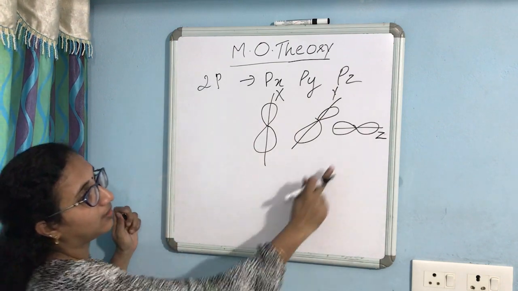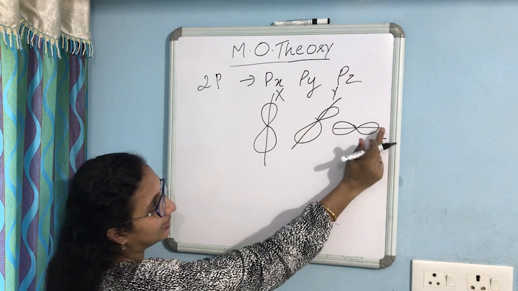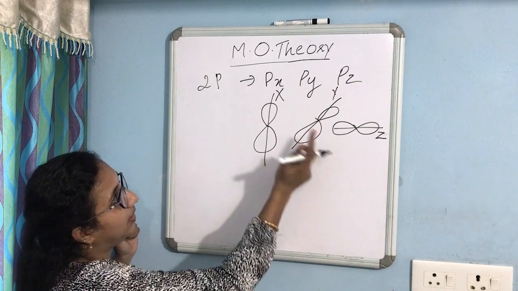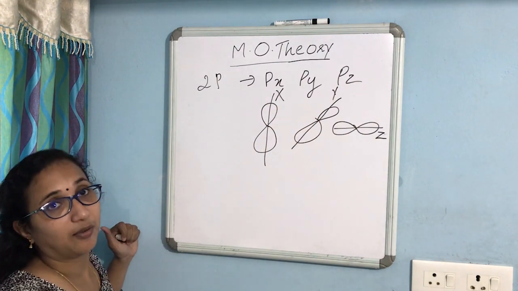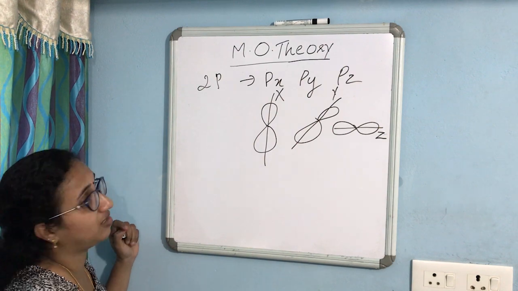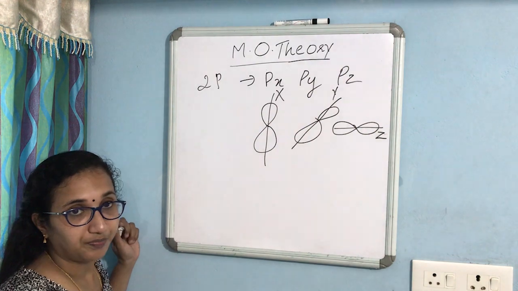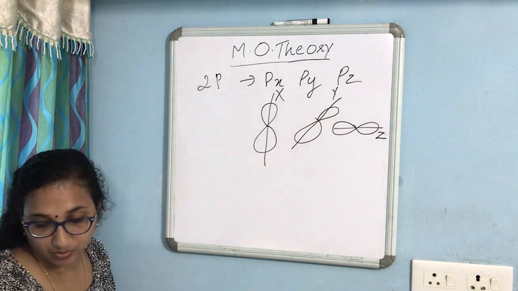Okay, so here only the pz atomic orbital is lying along the internuclear axis and it can combine head to head with another pz atomic orbital, whereas px and px, their geometry does not allow any sort of head-to-head interaction. Rather, they combine in a sidewise manner to form pi bond. Similarly, py with another py combine to give pi bonds.